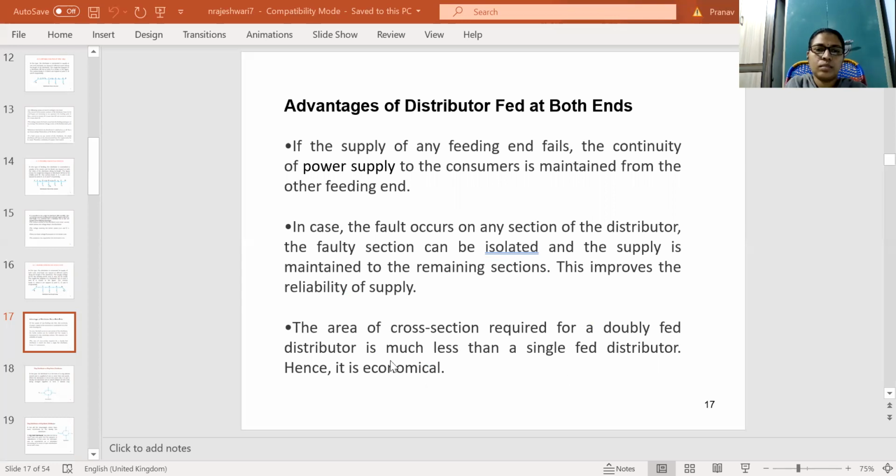And if any fault occurs in any section of the doubly fed distributor, the faulty section can be isolated from the supply, and the remaining sections will be maintained as is, improving the reliability of the supply.